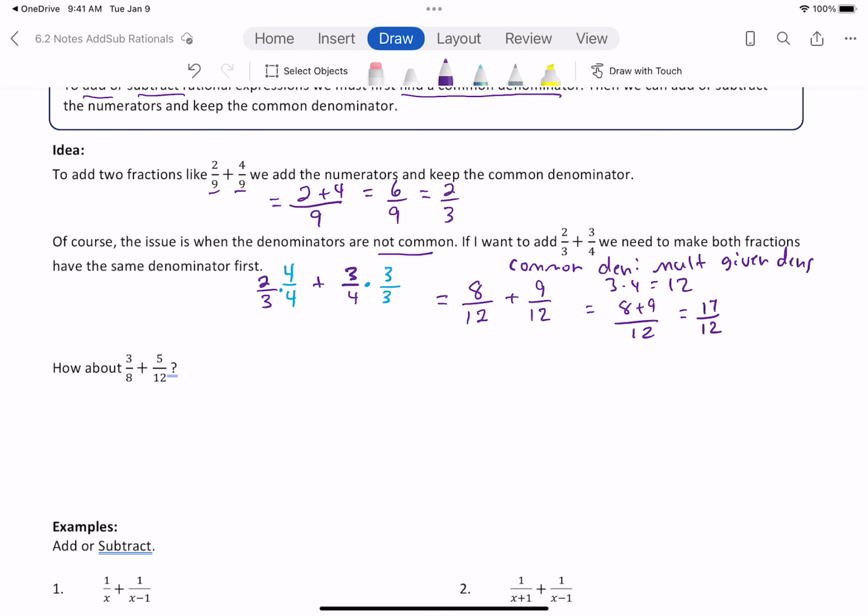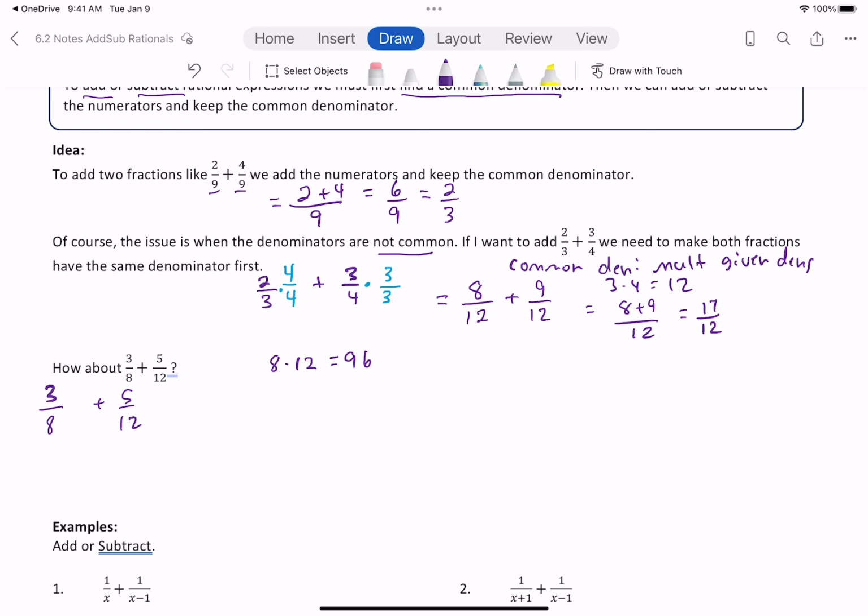Alright, so that one worked out pretty well, just multiplying the two denominators together. But of course, that's not always going to be the simplest thing. If we did that for this second problem, 3/8 plus 5/12, if I just multiply the 8 and the 12 together, then that's going to give me 96.